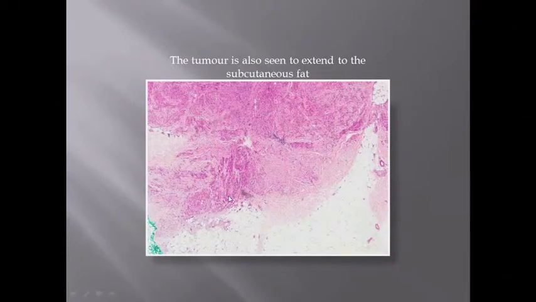Now, another view showing that these tumor cells, where you can see these tumor cells here, they are extending down into the subcutaneous fat. That is one of the crucial factors which helps to decide how well these tumors behave ultimately.